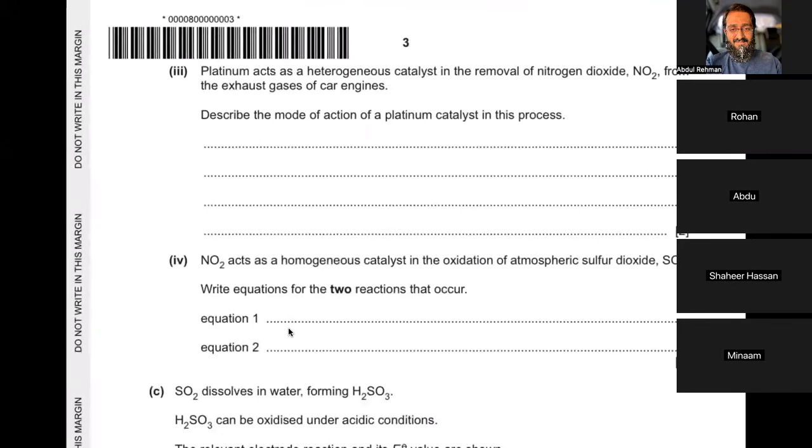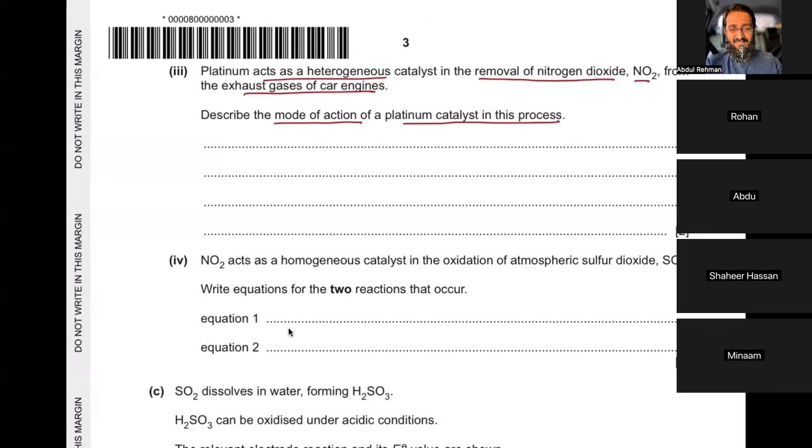Now, platinum acts as a heterogeneous catalyst in the removal of nitrogen dioxide from the exhaust gases of car engines. Describe the mode of action of platinum catalyst in this process. If you remember, the mode of action of a heterogeneous catalyst is very easy. There are three things: adsorption on the surface occurs, then reaction occurs and reactants turn into products.